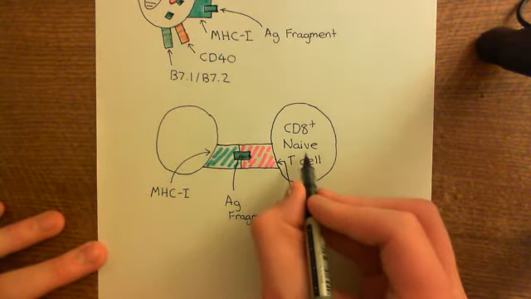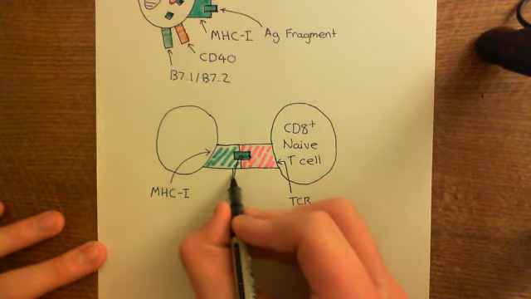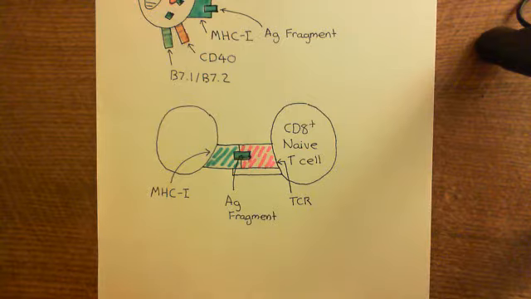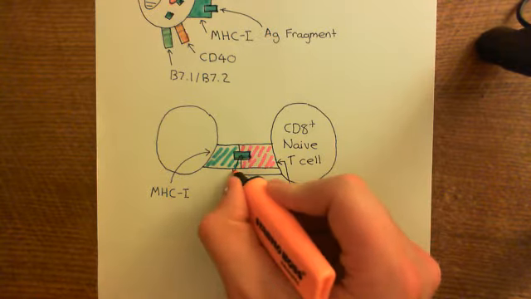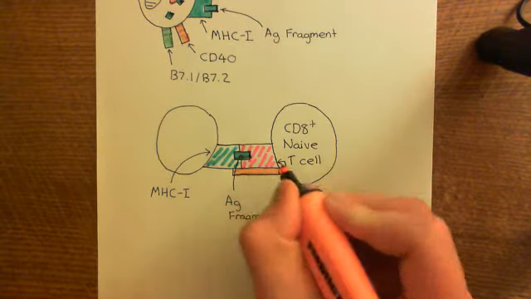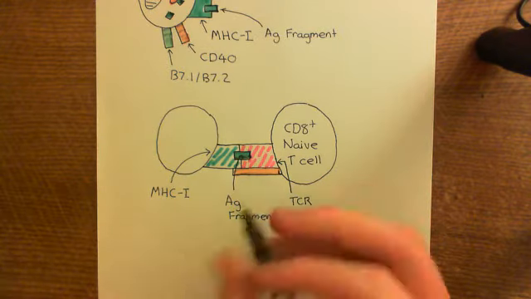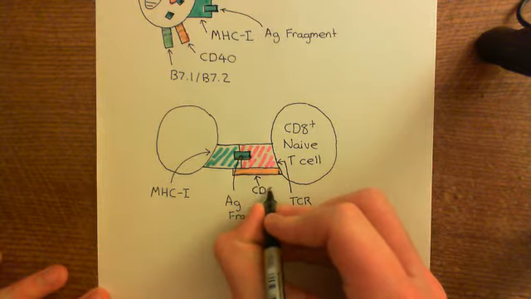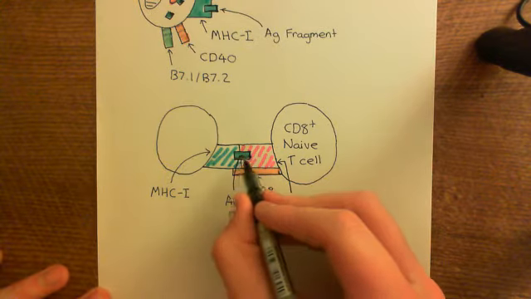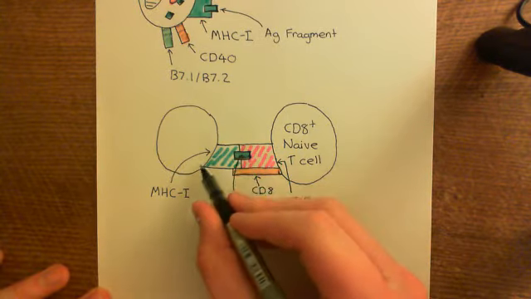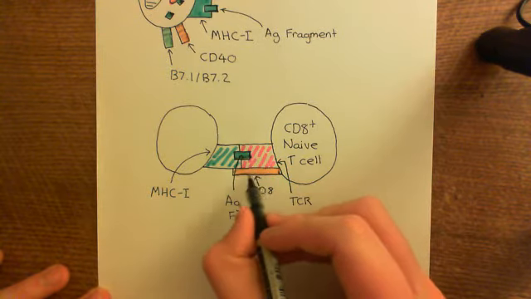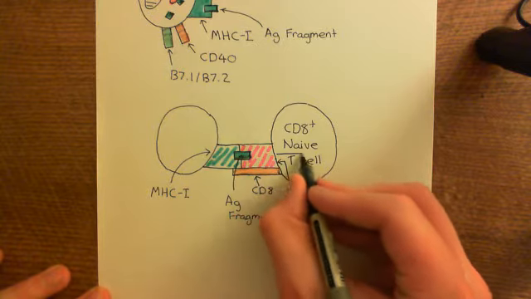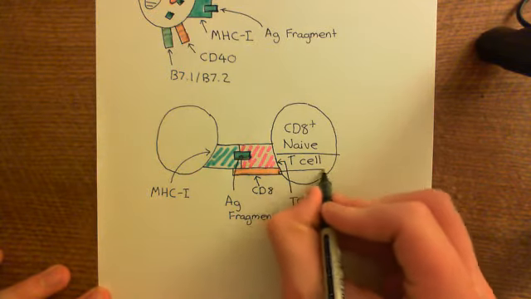Now, the CD8 positive naive T cell specifically has CD8 on its surface, which is also going to bind to the MHC class 1 here. So that's in orange. So this is CD8 in orange here. Okay, now, these two molecules, firstly the T cell receptor binding to the antigen fragment on the surface of the MHC class 1, and also the CD8 binding to the MHC class 1, these together are going to deliver signal 1 to the T cell.